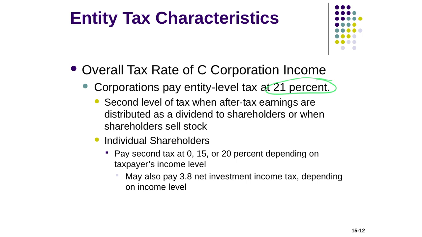Shareholders can receive dividends or they can sell stock. And whenever those activities happen, the shareholders will pay that second tax of 0, 15, or 20%, depending on their income level. And I think we'll revisit this topic a little bit more.